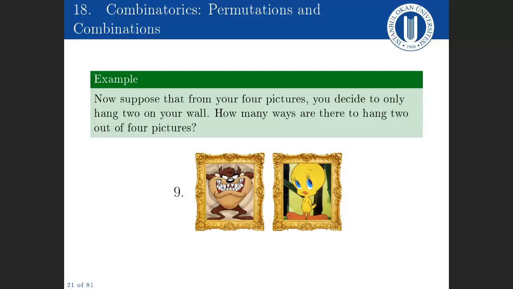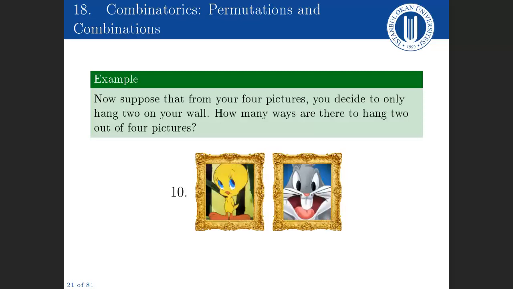Or Tweety Bugs, Tweety Daffy, Tweety Taz. If we counted them all like this, then we can see that the answer is going to be 12. But there should be a neater way to work this out without having to write down the list of all the possibilities.